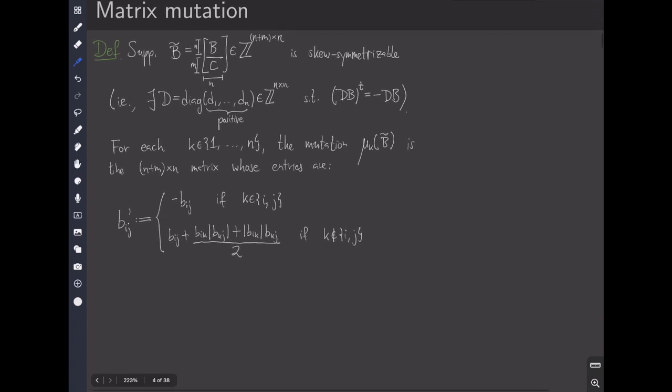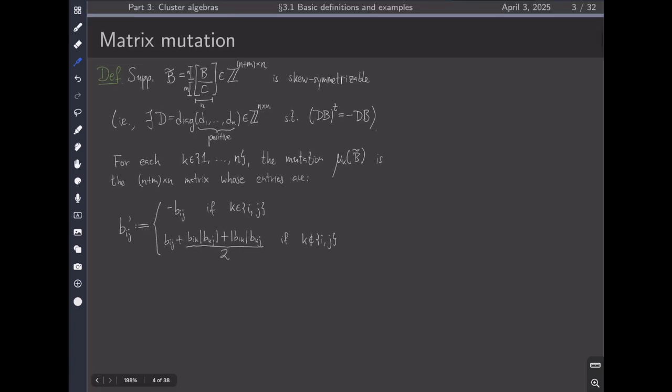Now, instead of trying to make sense out of this, which is possible, I'm going to restrict my attention to the case where B is skew-symmetric, and I'm going to represent B by means of a quiver, and then state the corresponding translation of this mutation rule to the language of quivers, and in that language this is very easy to visualize. So that's what I'm going to do.